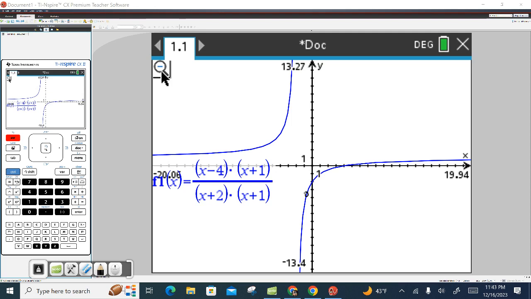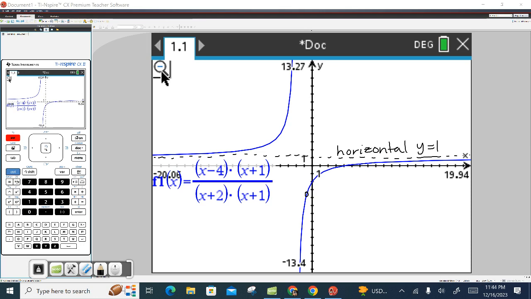Well, if you look here, if I draw this line that goes through y equals 1, that's my horizontal asymptote. That's my horizontal wall that's y equals 1. That's my horizontal asymptote that it will never reach.